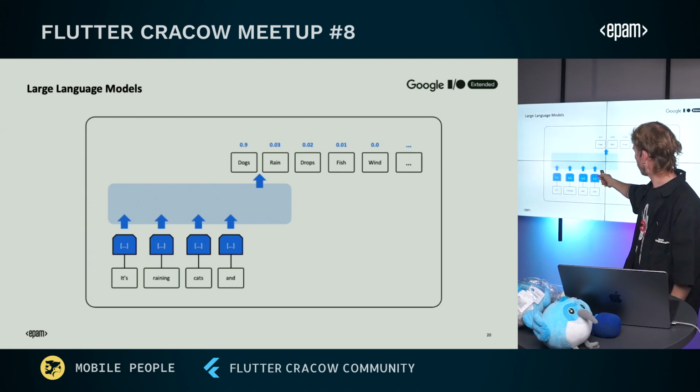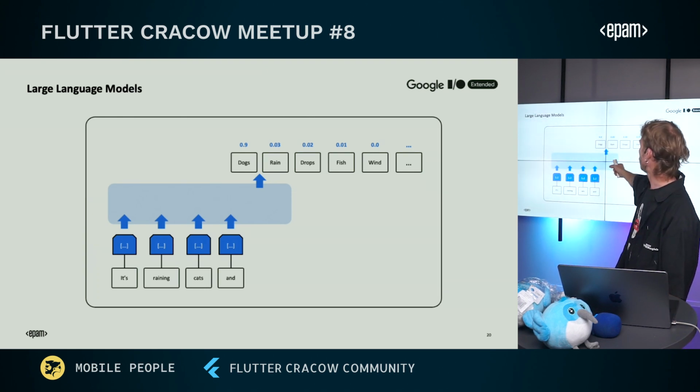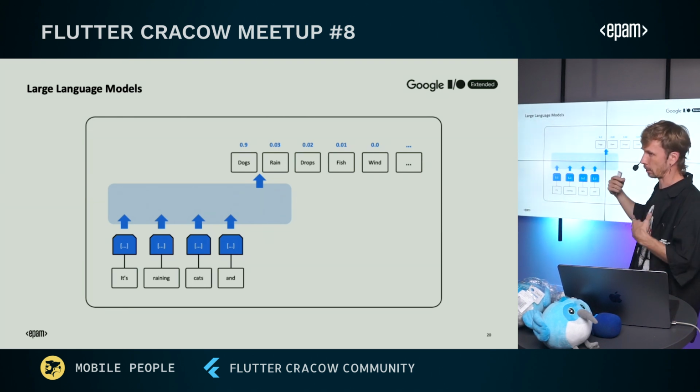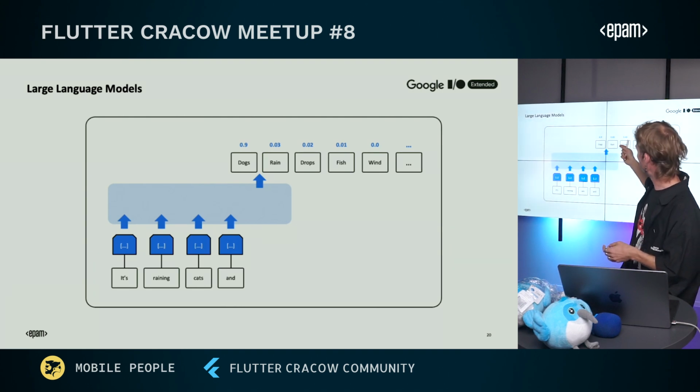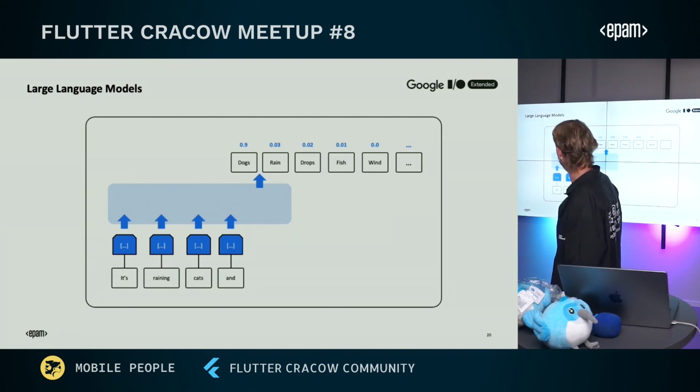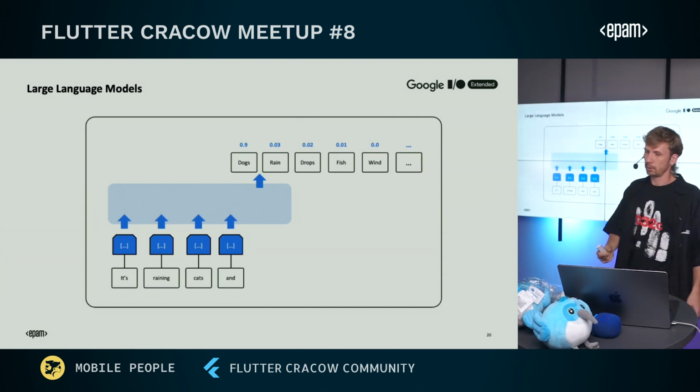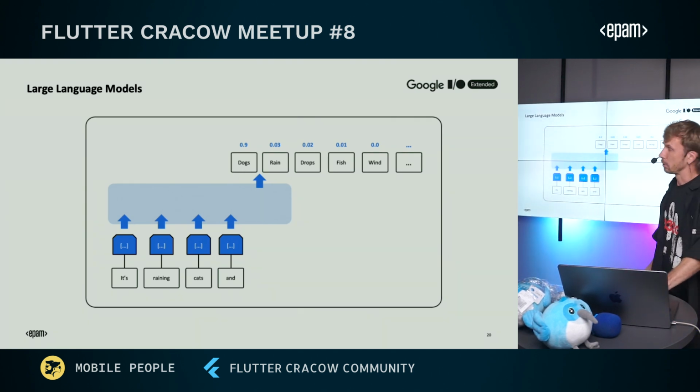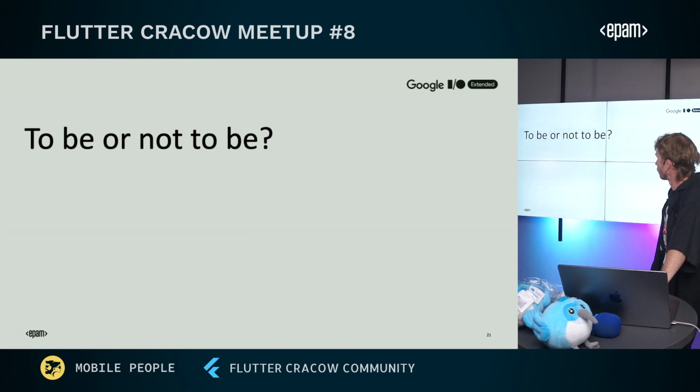For example, it's raining cats and... based on the huge amount of text it was trained on, the probability of the next word, dogs, will be 90%, and other words with less probability. So we can try to guess which will be the next word in this sequence: to be or not to be.